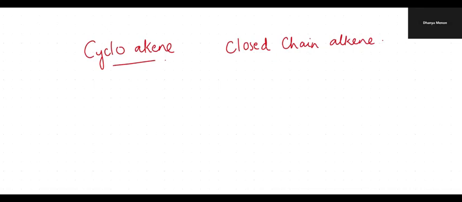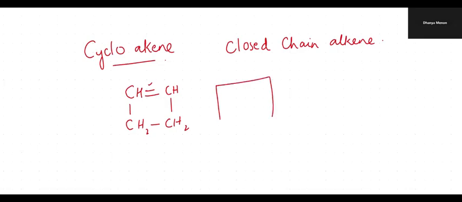For example, if I write CH, CH2, CH2, CH, with a double bond here, this is a closed chain alkene. There's a double bond here and it's closed chain, and I can represent it like this. So this is called cyclo groups. That means it is closed chain alkene.